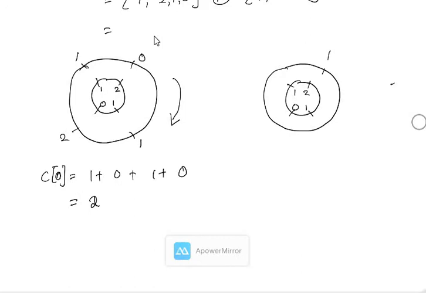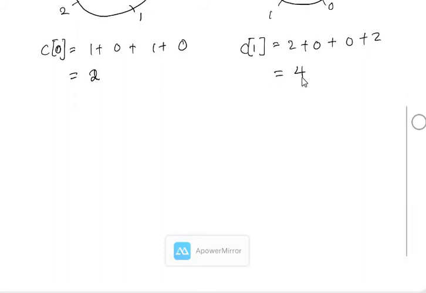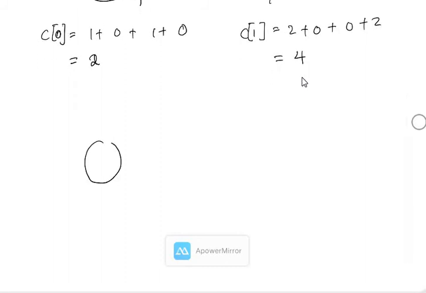So this is C1. 2 times 1, I get 2, and then 1 times 0, I get 0, plus 1 times 0, I get 0, plus 1 times 2 is 2, so I get 4.